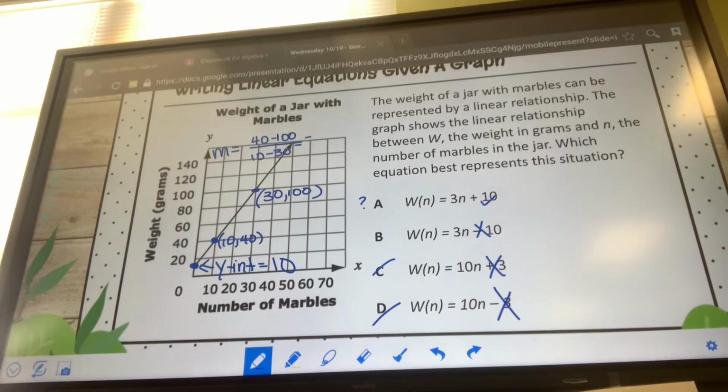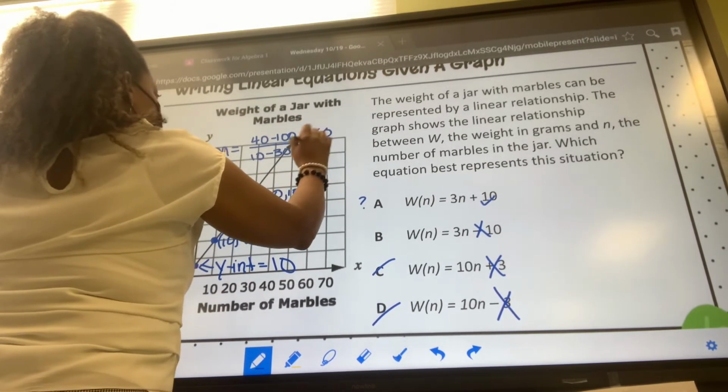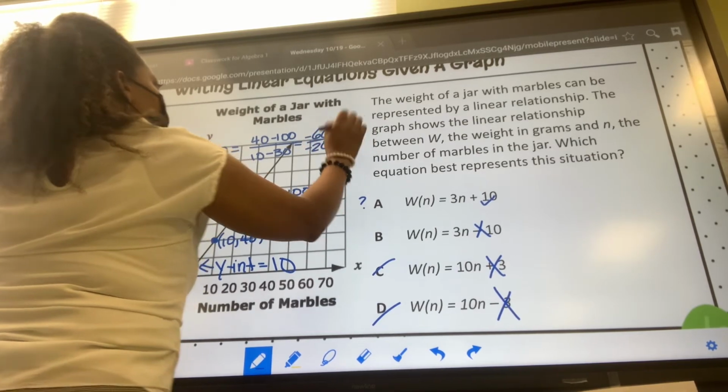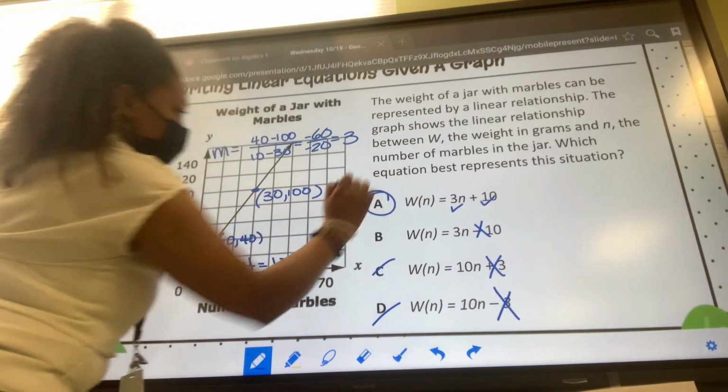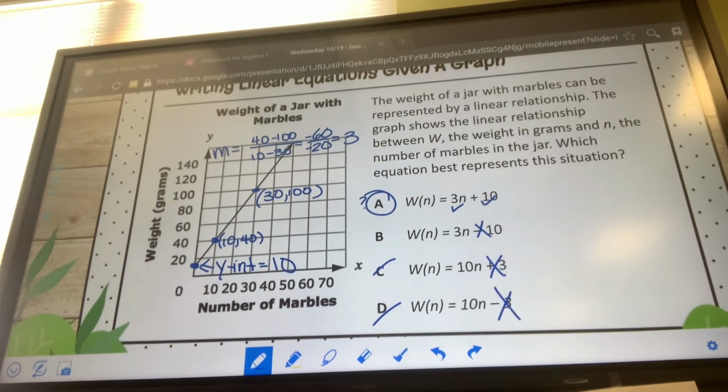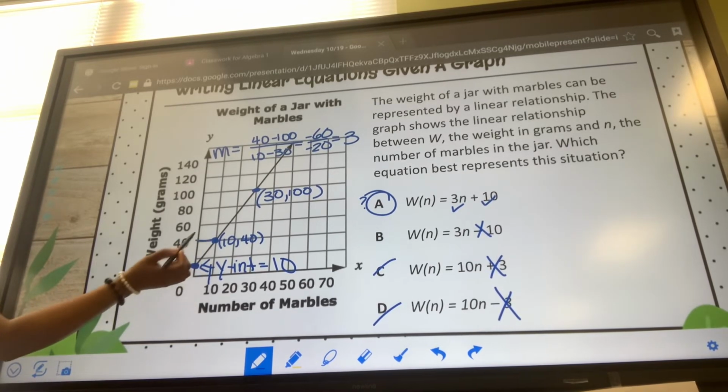That's -60 over -20, which is 3. Technically, if you put a dot on 40, it's 40 over 10. I mean 10 over 40. I was looking at the other dot. Right, (10, 40).